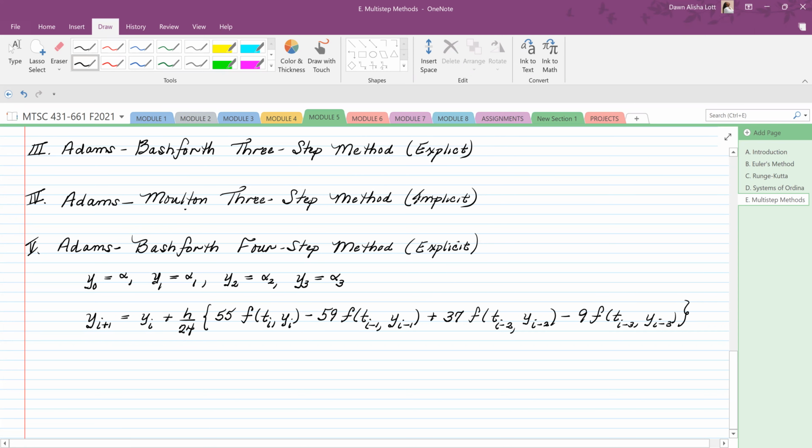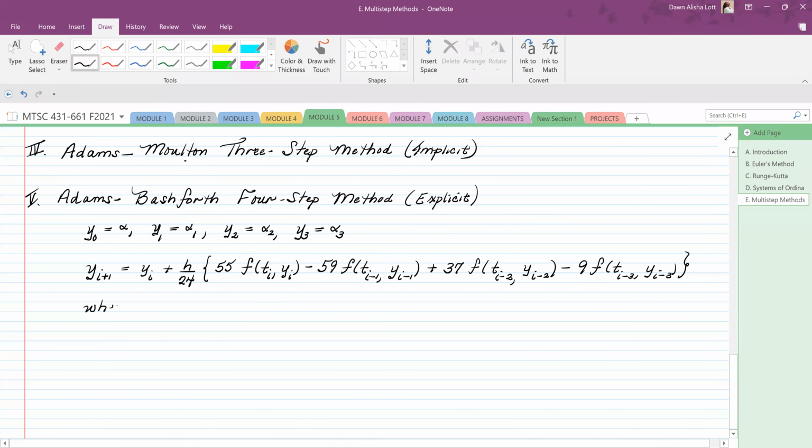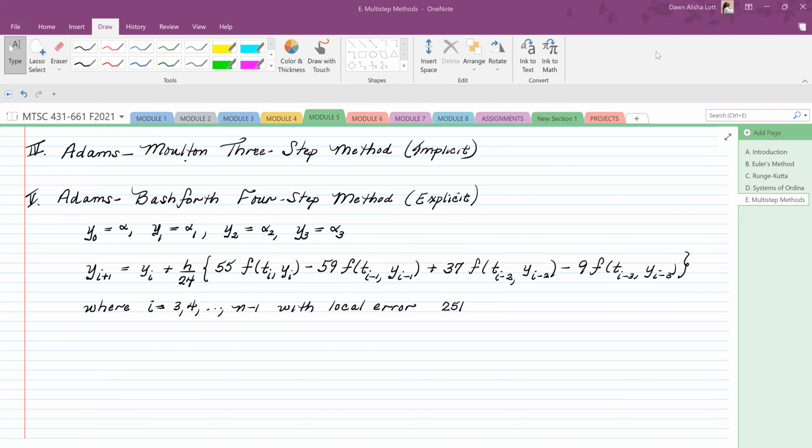It is so cool how they created these methods, where i is equal to 3, 4, all the way up to n minus 1, with local error 251 over 720 times the fifth derivative of y at xi_i, times h to the 5th.